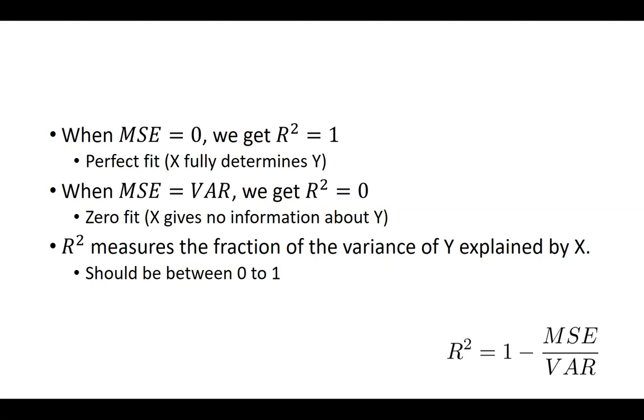But on the other hand, if the mean squared error equals the variance, you can put it into the formula and see that you get an r squared of 0, meaning that x gives you no information whatsoever about y. If you just guess the mean for each point, you just get the variance, which is the same error that you get if you use x.